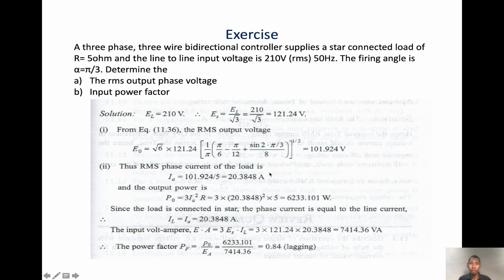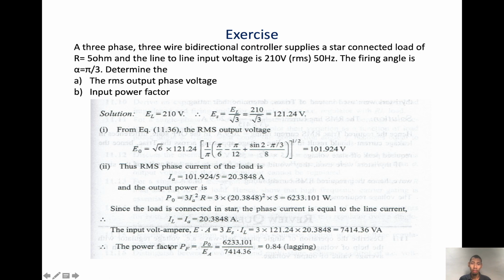The RMS phase current is the voltage divided by the load, 5 ohm, and the output power is 3 I squared R, because we have 3 phases. Since the load is connected in star, the phase current is equal to the line current.